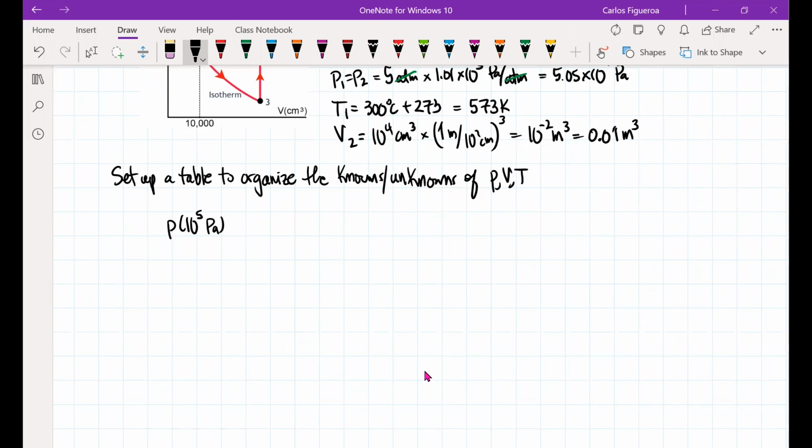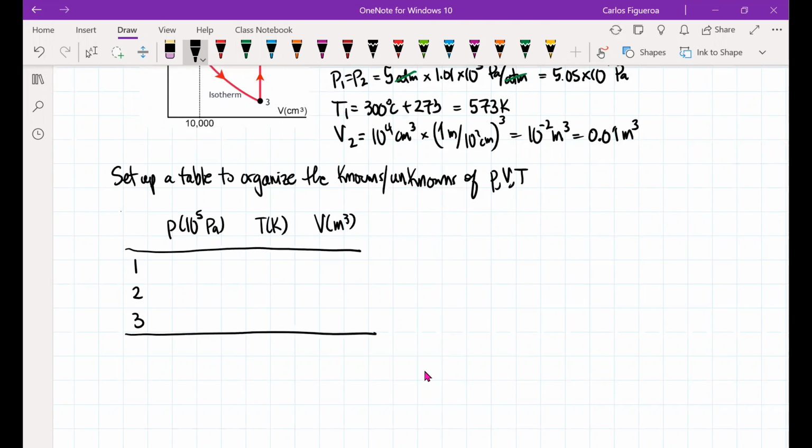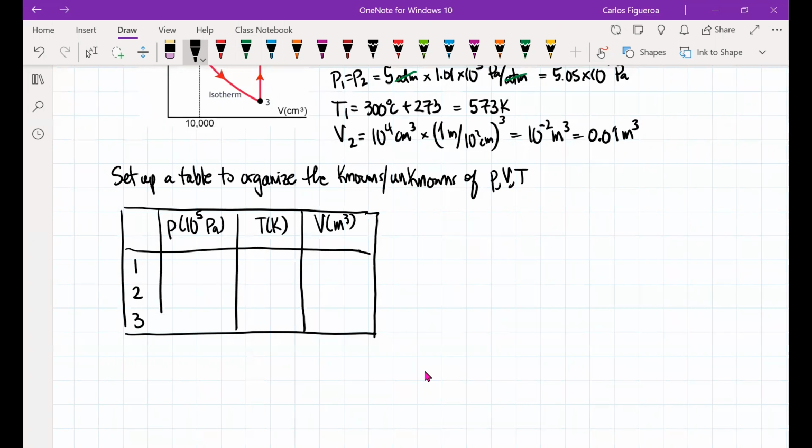My temperature should be in Kelvin, and my volumes should be in meters cubed. Then I have states 1, 2, 3. So now I'm just going to set up my table here.